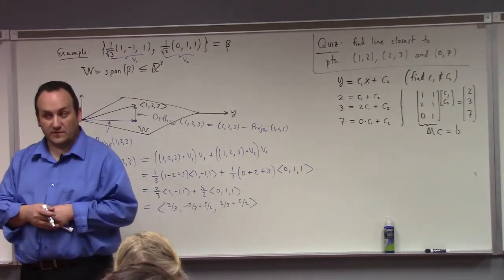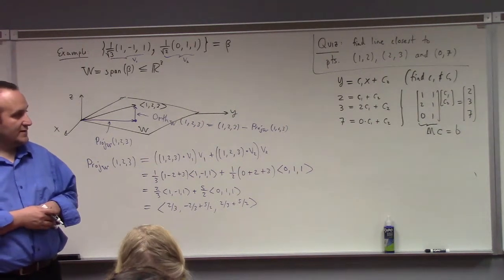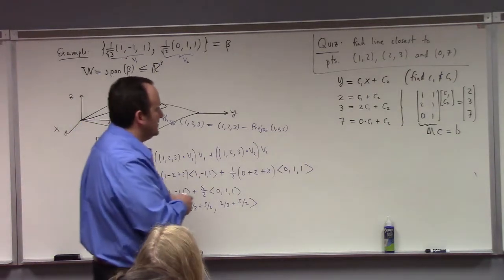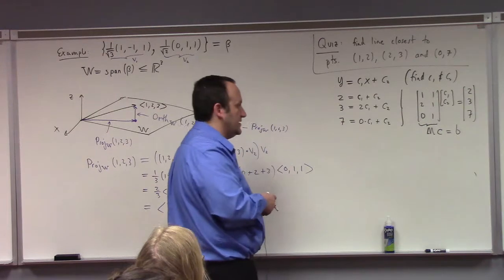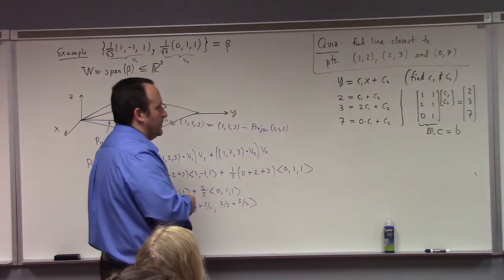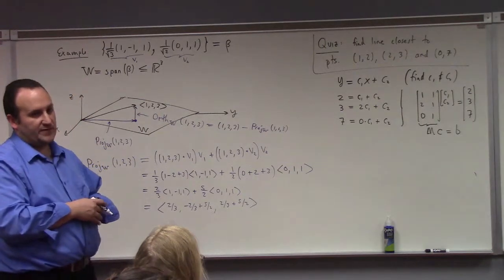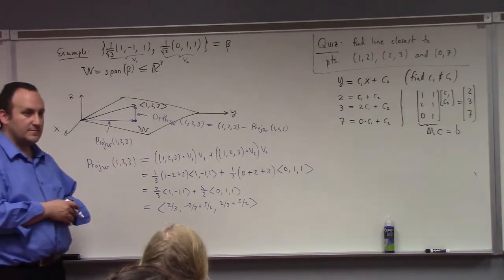There's no solution. (2, 3, 7) is not in the column space. To get the 2 and the 3, add the first 2 rows, fine. But when you do that, you don't get a 7. So we're out of luck.